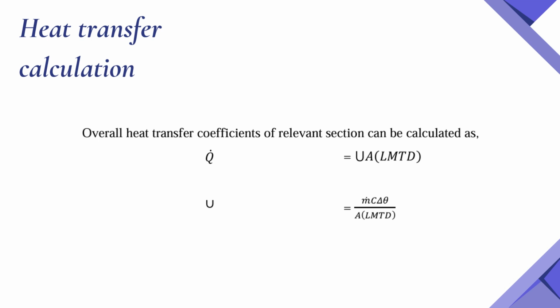Then the overall heat transfer coefficient was obtained by rearranging the equation Q equals U times A times LMTD. Solving for U, U equals Q divided by A times LMTD, where A is the heat transfer surface area.